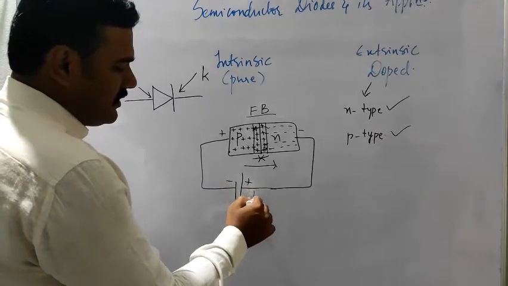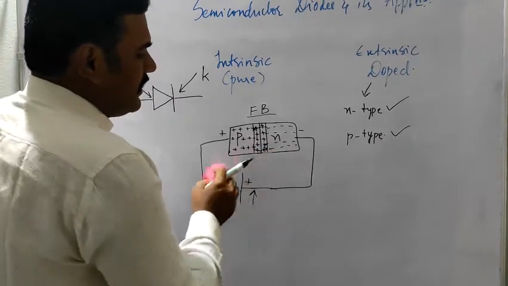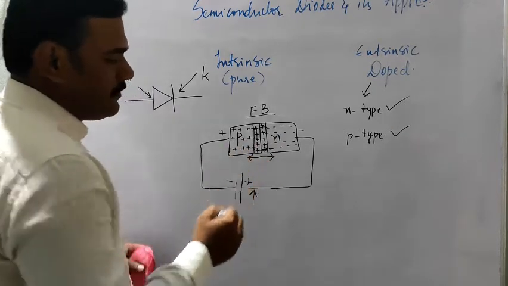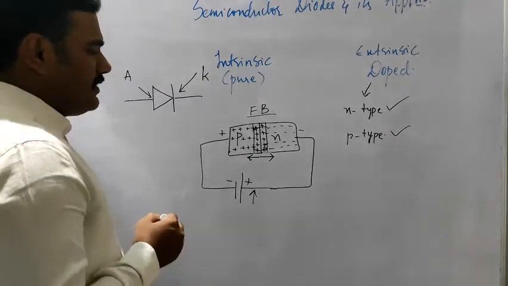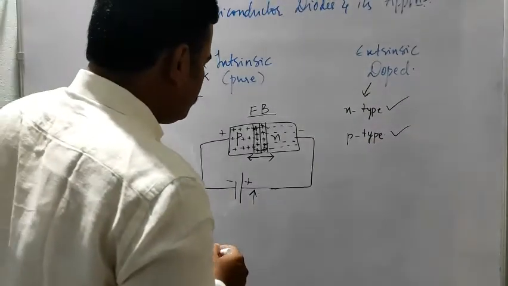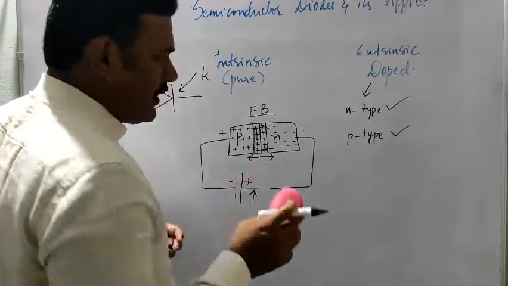If you increase the reverse voltage, then the depletion region width will increase. Therefore, we say that the diode does not conduct in case of reverse biased. So now we came to know about forward biased and reverse biased.